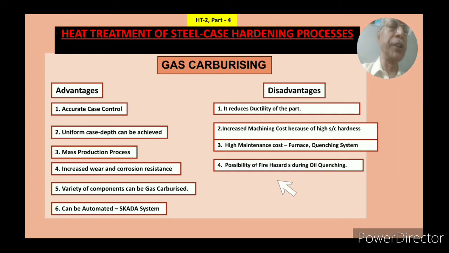As soon as you are quenching and the charge goes inside, you have to cover it so that the flames don't come out, and no oxygen comes from the top and goes into the oil. So it will control the fire, and the fire will extinguish after some time. So this fire hazard is a very big disadvantage. This has to be taken care of when you are going for gas carburizing. So these are the various advantages and disadvantages that I have told you.